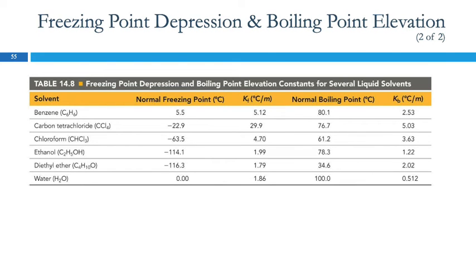These constants we would just look up in a table. Here's various solvents. Here's water. This tells us the normal freezing point and the freezing point depression constant. It also gives us the normal boiling point and the boiling point elevation constant.